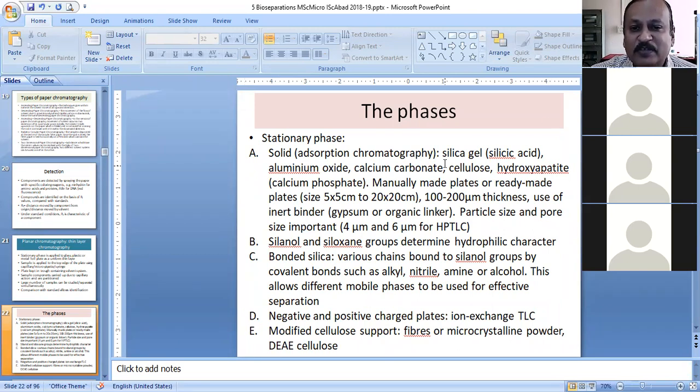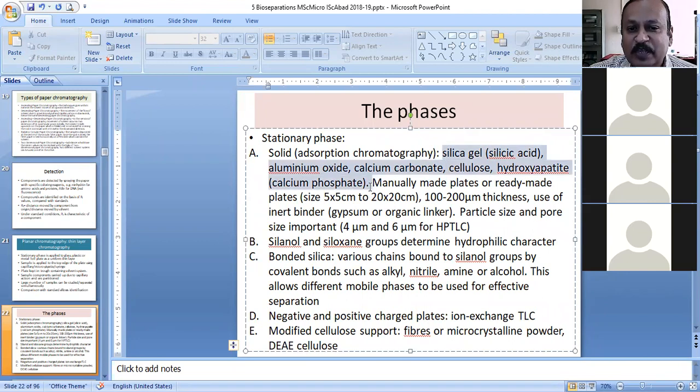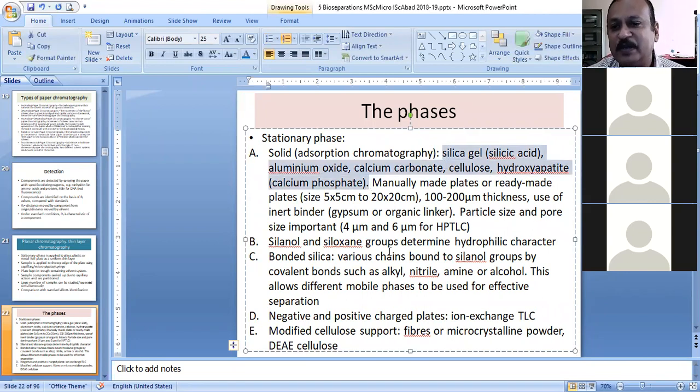Now, why are these different stationary phases used? Because each of these stationary phases has certain characteristics. Based on these characteristics, we are able to separate the different components of the sample. Because these stationary phases can interact with the sample components, right?